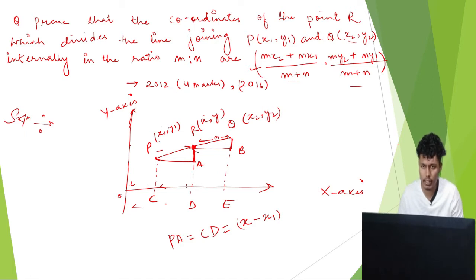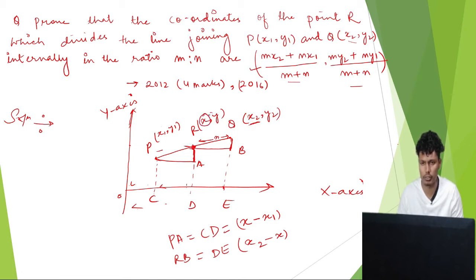Another one, RB, which will be equal to DE. So the distance from O till E will be x2, and from O till D will be x. So it is x2 minus x. x2 minus x is the distance between RB.